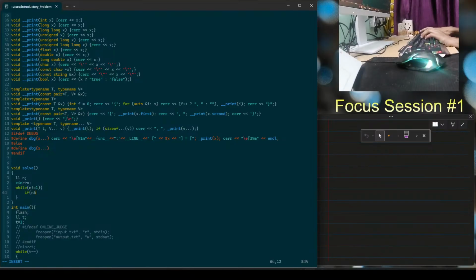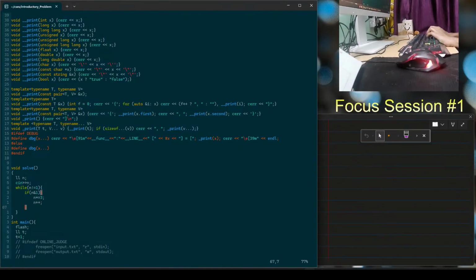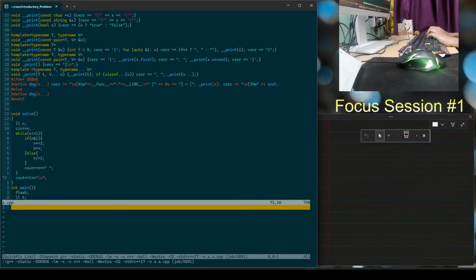If n is odd, it will be multiplied by 3 and 1 will be added, else n will be divided by 2. I need to output n at every step, and at the last I need to output 1, and it should do it. Just compile this.